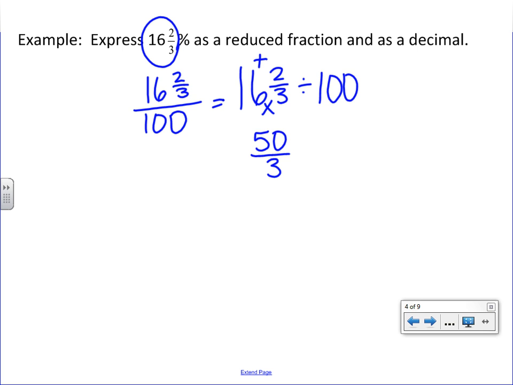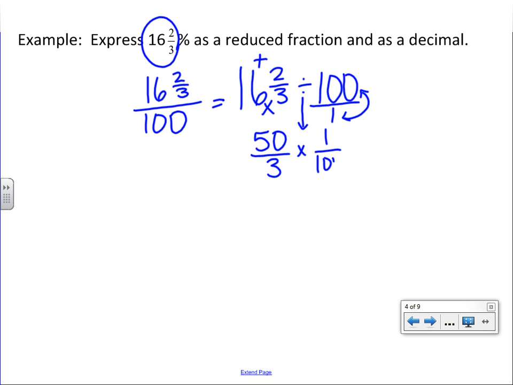Okay? So once we get here, we're still dividing by 100. Well, this was a fraction, so we have to turn this into a fraction. Whenever we're dividing by fractions, the first one stays the same. So we changed it to an improper fraction, but it hasn't changed. It has the same value. My division turns to multiplication, and I take the reciprocal.